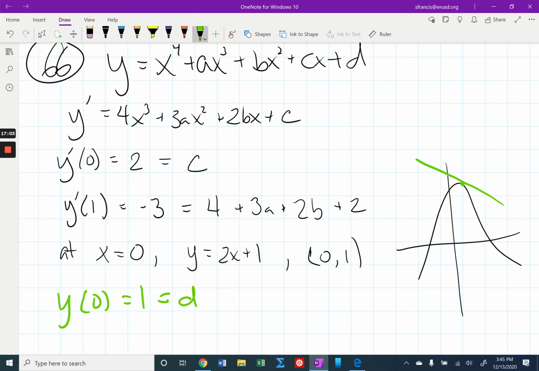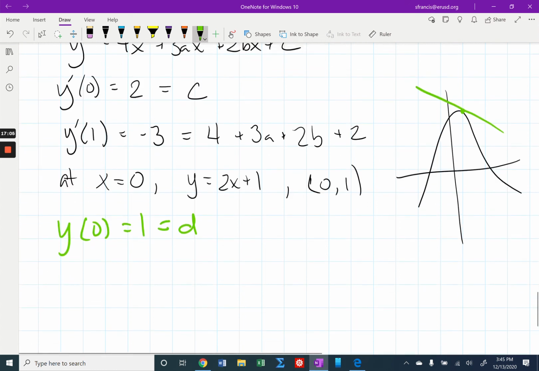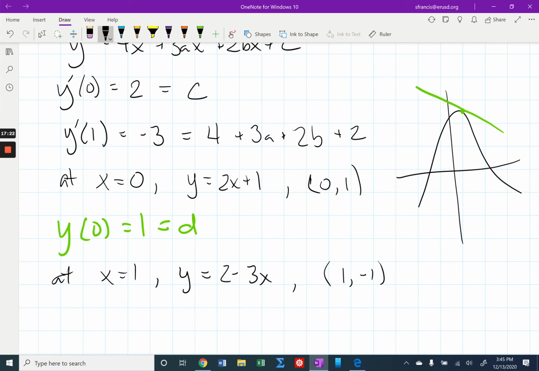What else? At x equals 1, we had y equal to 2 minus 3x. So what point goes with that? If I plug 1 in for x, I get 2 minus 3, which is negative 1. So if I plug 1 into the original equation, the output has to be negative 1.